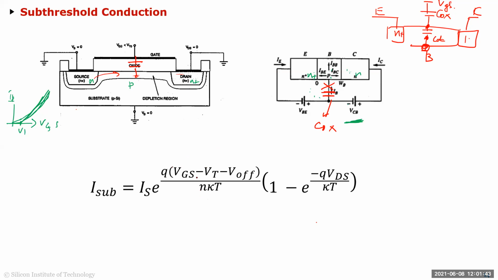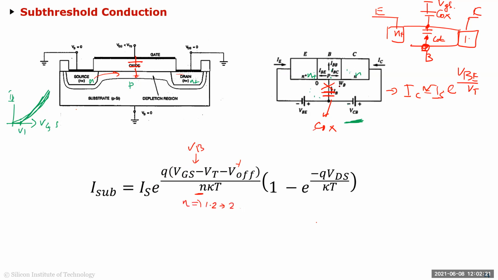So if you remember the BJT equation, the collector current is some IS times e to the power VBE over the thermal voltage, and the 1 plus term is approximately 1. If you look at the subthreshold conduction current, it is proportional to e to the power q times VGS minus VT, and this is a fitting term, but it almost looks like your VB over kT, with an eta term, and this eta is around 1.2 to 2.